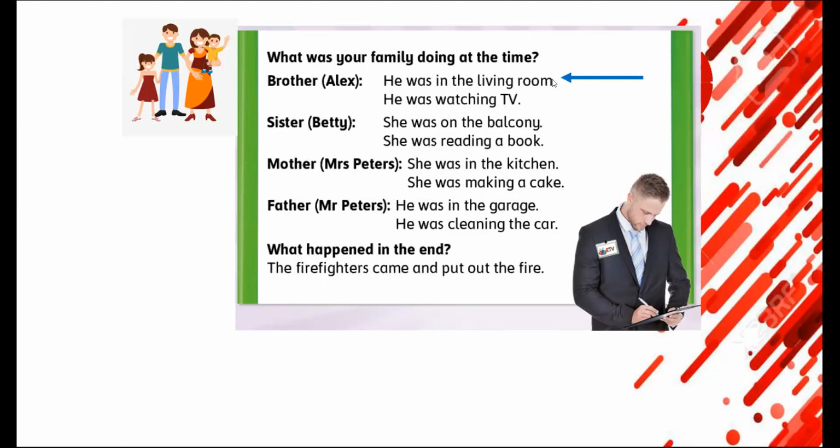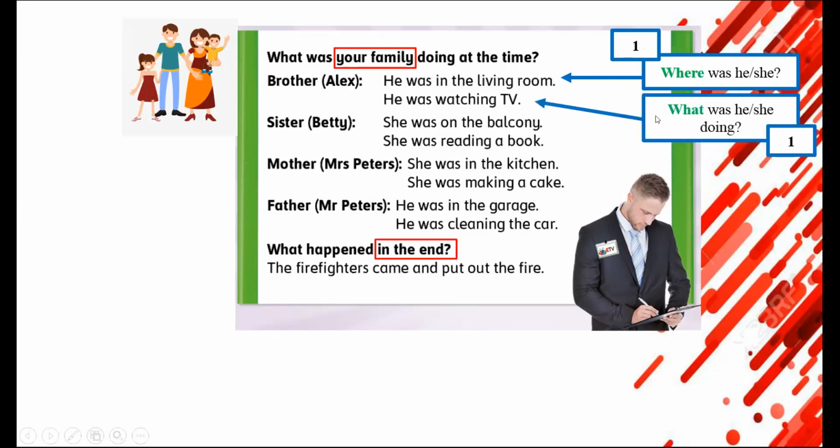First, write two sentences for each family member. The first sentence is, where was he or she? For example, he was in the living room. The second sentence is, what was he or she doing?